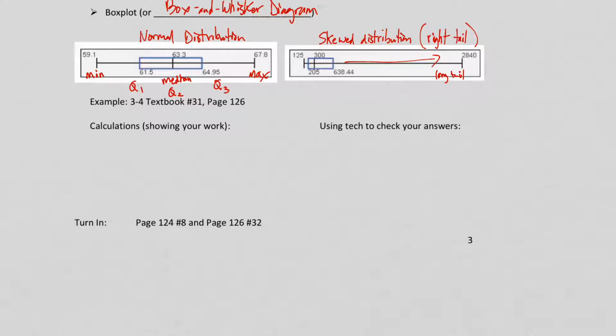Okay, so if you take a look at page 126, number 31, these are the data values. And this is like minutes to get ready or something, standing in front of the mirror, getting all that prepared for school or whatever.